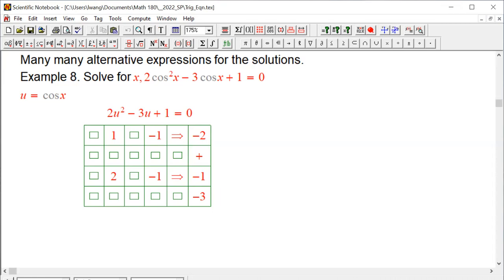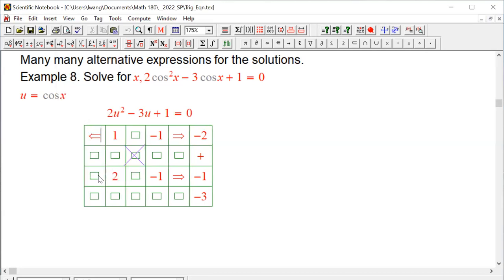If you recall what we did, cross multiplication. So -1 times 2 is -2. 1 times -1 is -1. -2 plus -1 is -3. -3 matches this -3 perfectly. So now we can compose our factors.